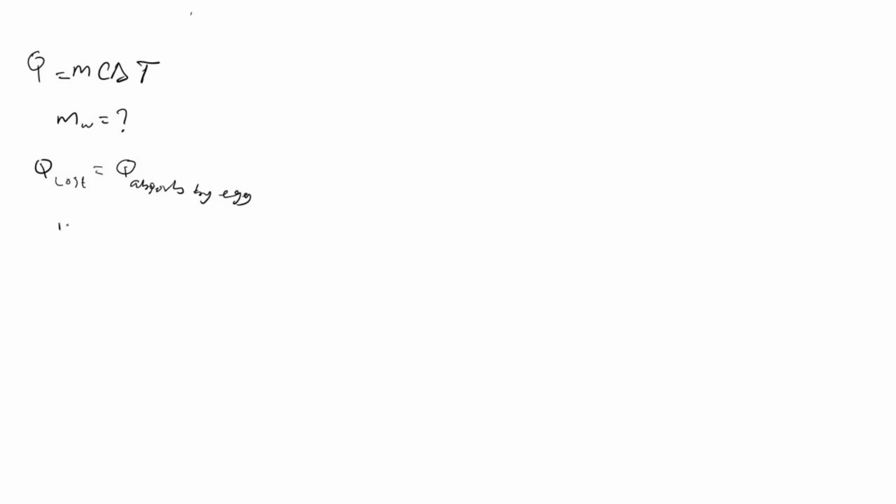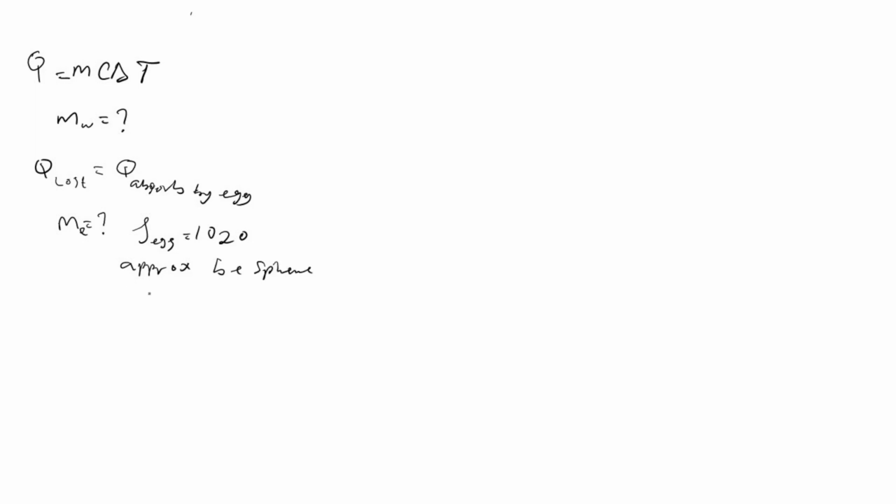So also the mass of egg is not given directly from the question. We have to obtain it. We have the density of egg to be equal to 1020, and egg has been approximated to be a sphere.